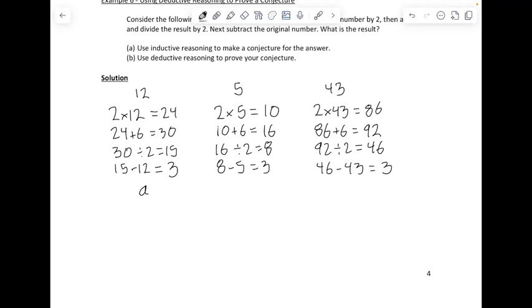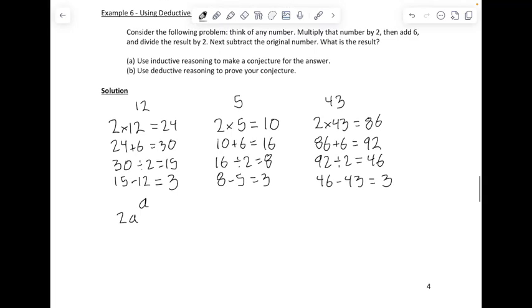So we're going to be doing the exact same operations, but this time just on an arbitrary number a. Now, this will require some basic algebra skills. So let's do it. First step, multiply by 2. So that would be 2 times a, which we represent as 2a.